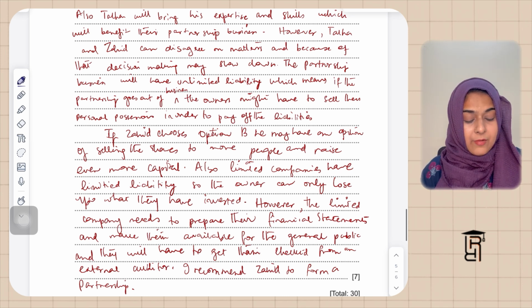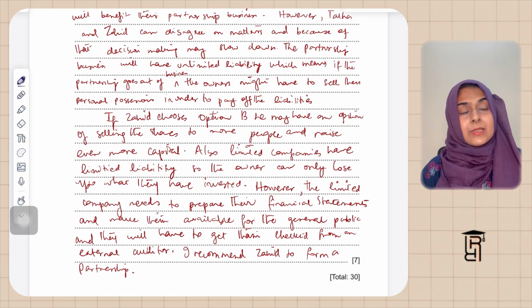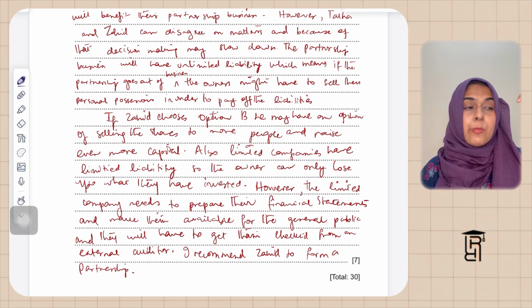ठीक है. However, the limited company needs to prepare their financial statements and make them available for the general public. If it's a public limited company, they have to show the financial statements to the general public. तो उसमें बहुत ज़्यादा disclosure of information होती है. अगर उनकी private limited company है, so they have to show their financial statements to their friends and family जिन्होंने invest किया है, and potential investors को भी. तो you need to disclose the information.